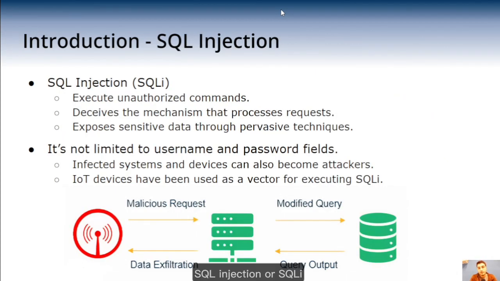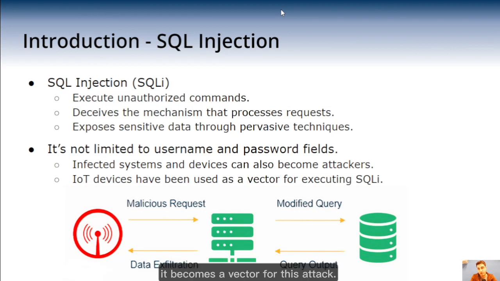SQL injection or SQLi, as I said before, is a malicious way to exploit badly formulated queries in databases. It looks for access to sensitive information by deceiving the request process. It's often operated by a human attacker, but it can also be executed by an infected CPS, which looks for access to an unauthorized database.